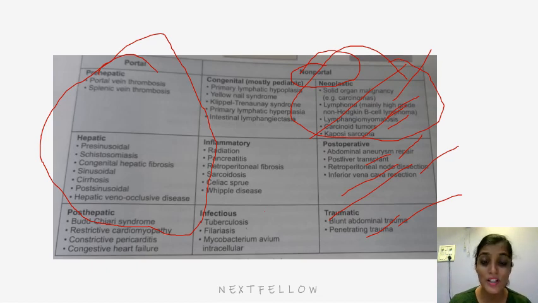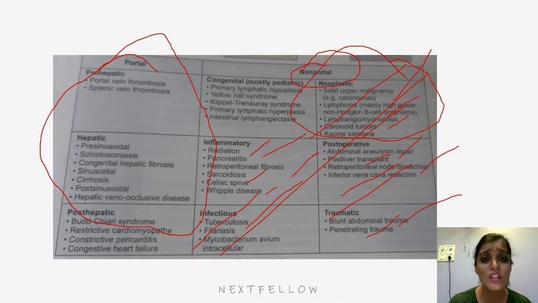Infectious, one very common in our country is tuberculosis, then filariasis and Mycobacterium avium intracellulare complex. Inflammatory causes are radiation, pancreatitis, retroperitoneal fibrosis, sarcoidosis, celiac sprue and Whipple disease.